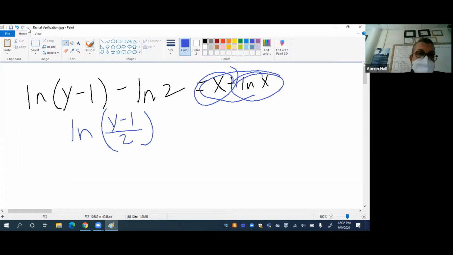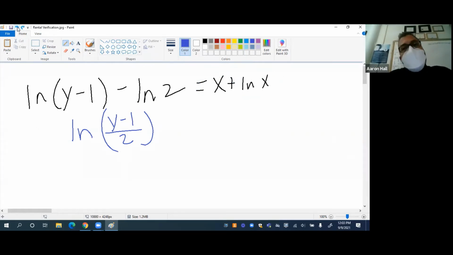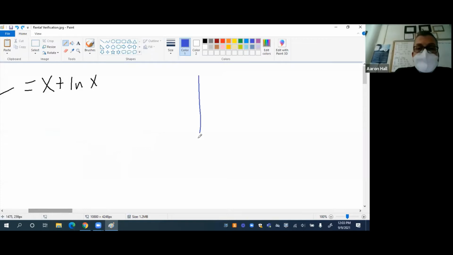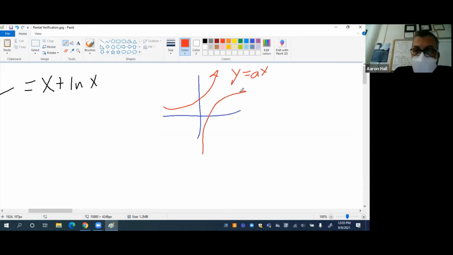Now, remembering what logarithms are, what's the point of a logarithm? It's an inverse. This is a really important idea: I have y equals a to the power of x, and then some other function that's an inverse, a reflection across y equals x, and this is y equals what?